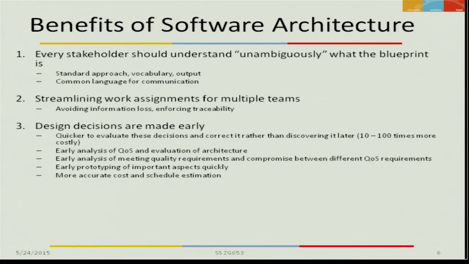Early analysis of quality of service and evaluation of architecture is possible if one creates a software architecture properly. Early analysis of meeting the quality requirements and different compromises are also possible, because not every quality aspect can really be met. Sometimes they contradict each other.